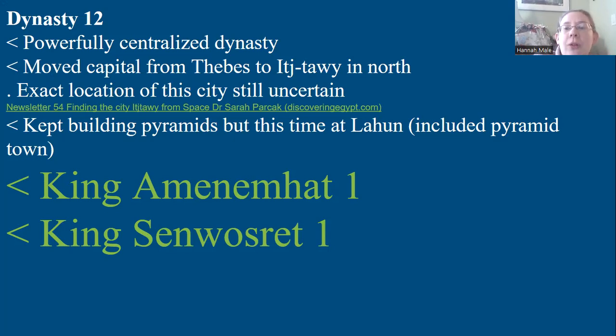Dynasty 12 does still build pyramids as their mortuary complexes and burial sites. But this time they build them, or they pay for them to be built, at the site of Lahoun, which is in the Fayum region.